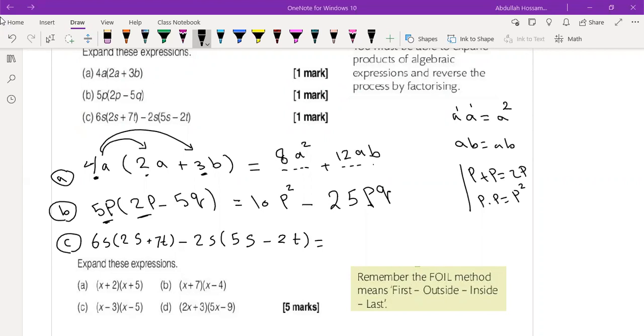Okay, here we go. We're going to multiply 6s by 2s, 12s squared, and 6s times 7t is 42st.